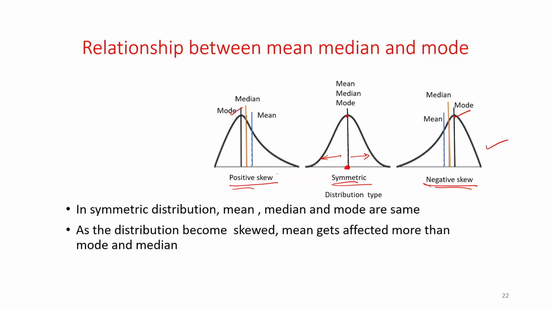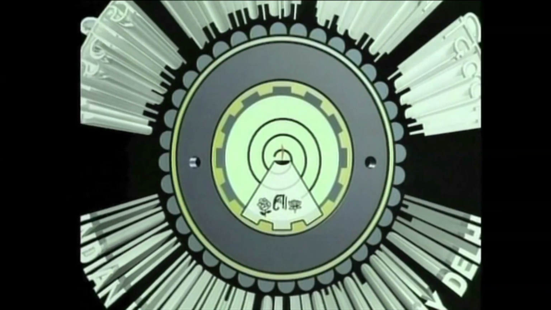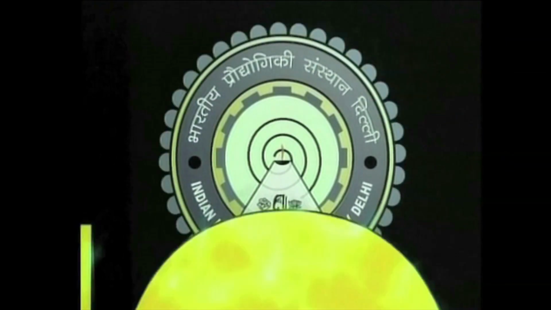But the median and the mean, if we look at it, the median is here and the blue line indicates where the mean lies. So as the distribution becomes skewed, mean gets affected more than mode and median. So mean will shift more than median or mode.